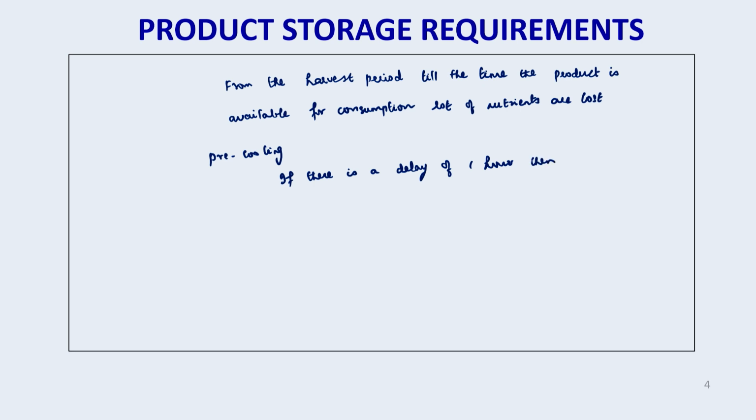Then the shelf life, if there is a delay of 1 hour in the field in employing the pre-cooling technology, assuming that the ambient condition is around 35 degrees centigrade.